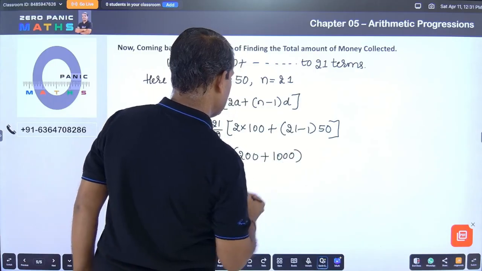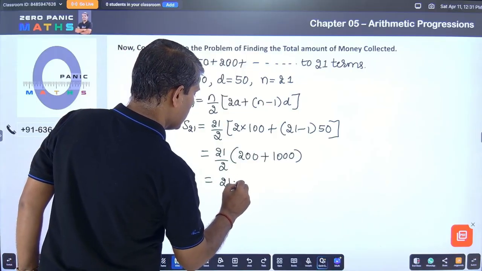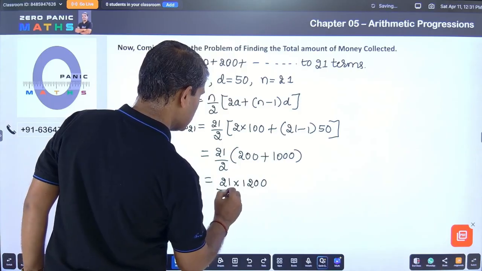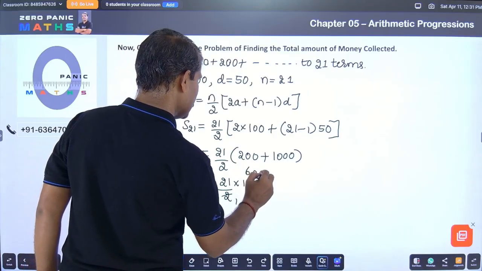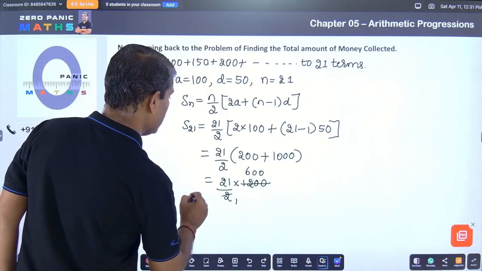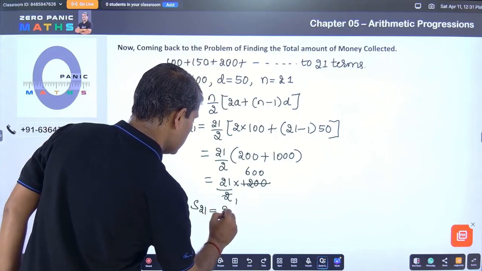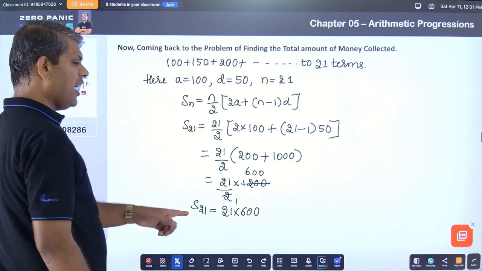So it is 1200. 21 multiplied by 1200 divided by 2. 2 ones are 2, so 600 it is. So now 21 times 600 is what our answer will be.